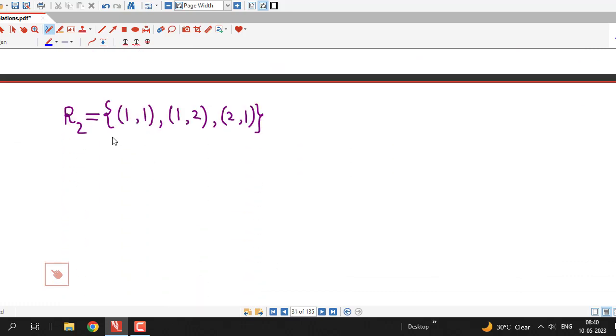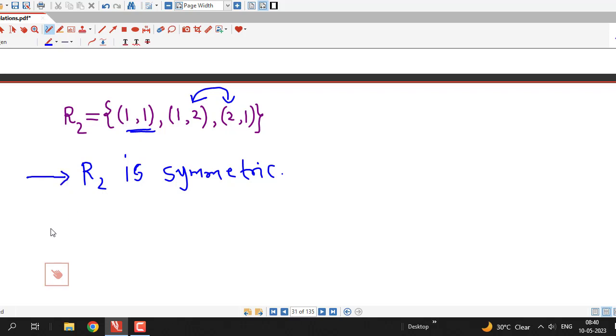Now we come here for R2. We don't have to check for (1, 1), and for symmetry we have to check that (1, 2) belongs to R2 implies (2, 1) belongs to R2. So we can easily write that R2 is symmetric. If we change the order of elements, then the resulting element is also present in R2.